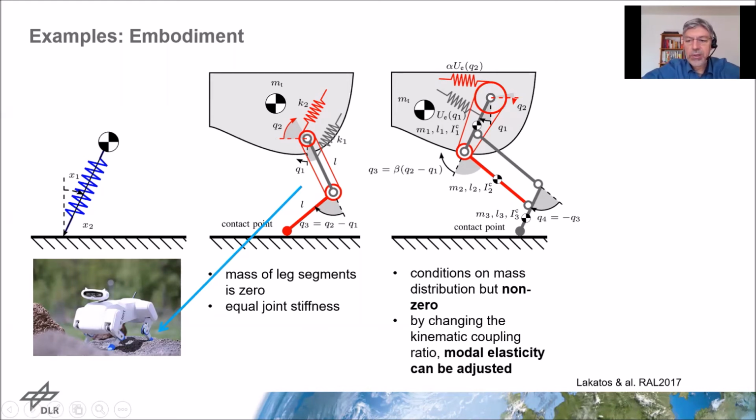And we published this in RAL in 2017 with Dominic Lakatos, and we could show that actually for the two-segment leg, you can have a strict mode, so you remember the one which is invariant with energy, only if the inertias of the leg are very small, actually zero. While for the pantograph leg, there are plenty of parameters for inertia, length, and stiffness, for which you can design a strict mode.